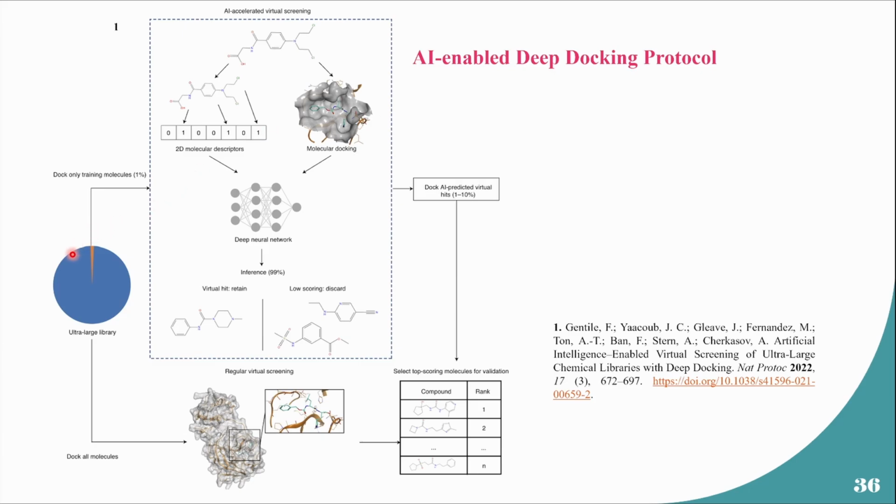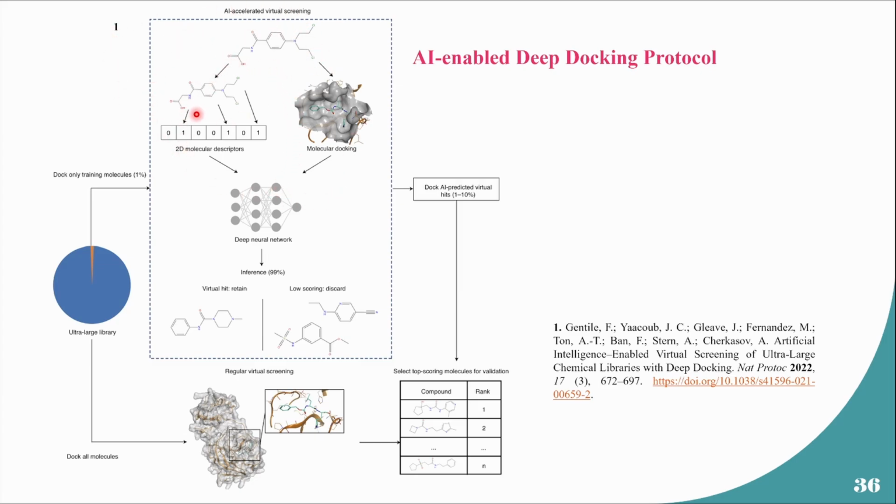And from this ultra large library, only 1% of molecules are used for training their model. The rest of the molecules they will not individually dock, but they will predict the docking score of these molecules from their trained model.